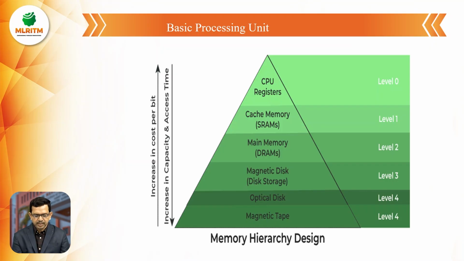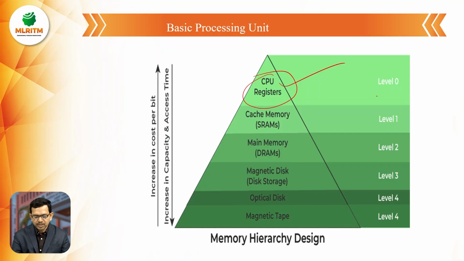What will level 0 have? Level 0 will have the registers. No doubt registers also store information, but less memory is stored in the registers, and the processor first goes to the registers and executes the instructions located there.